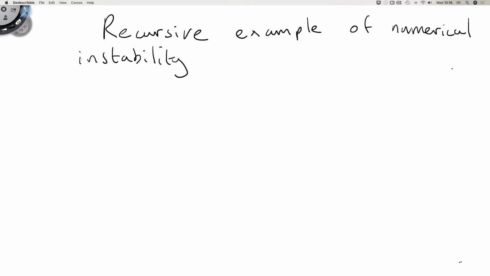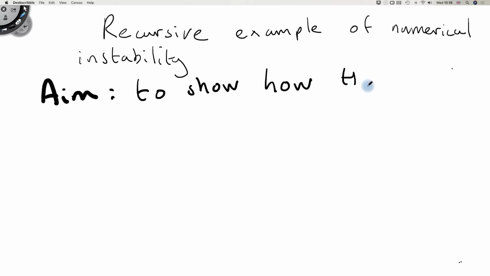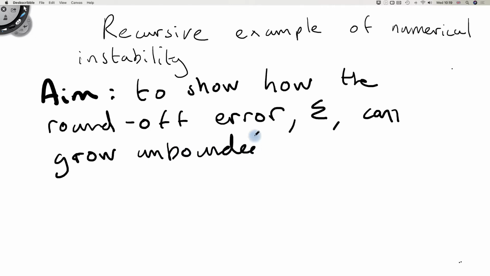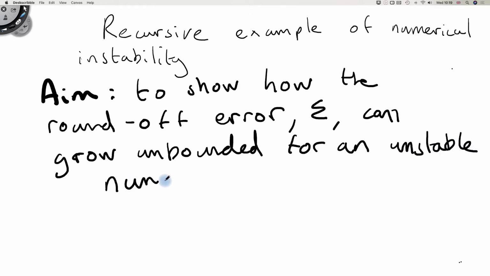Okay, so the whole aim of this example is to show how the round-off error epsilon can grow unbounded for an unstable numerical method.